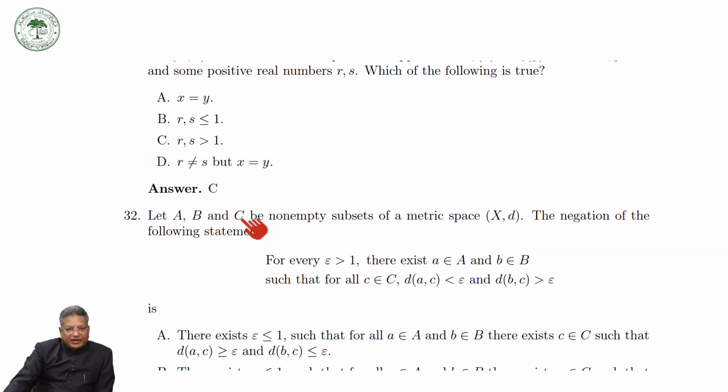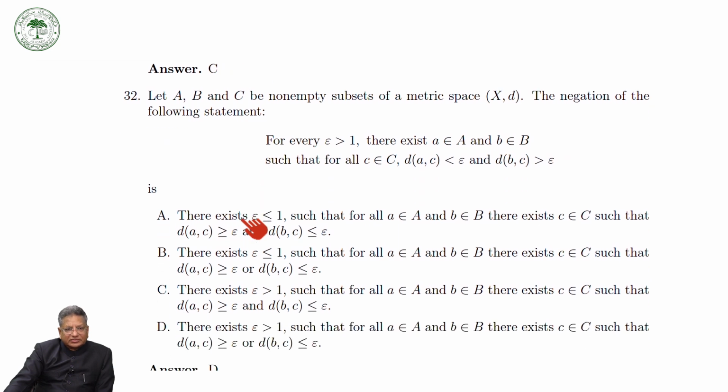Now we have another question here. Let A, B, C be non-empty subsets of a metric space X. What would be the negation of the following statement: for every epsilon greater than 1, there exist a in A and b in B such that for all c in C, d(a,c) is less than epsilon and d(b,c) is greater than epsilon?